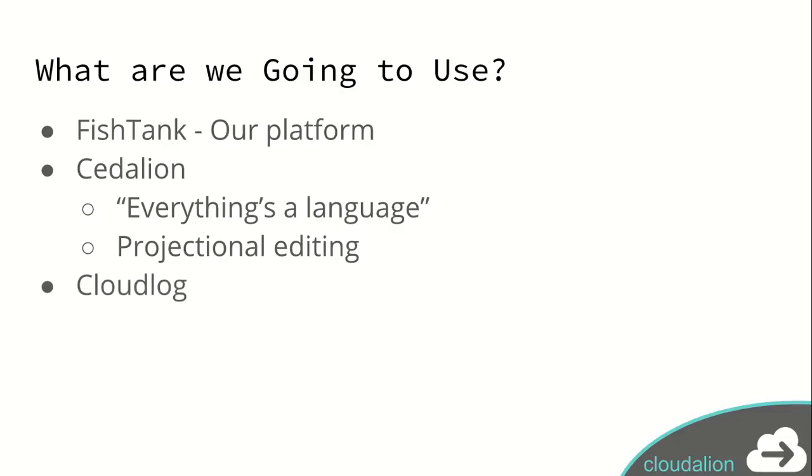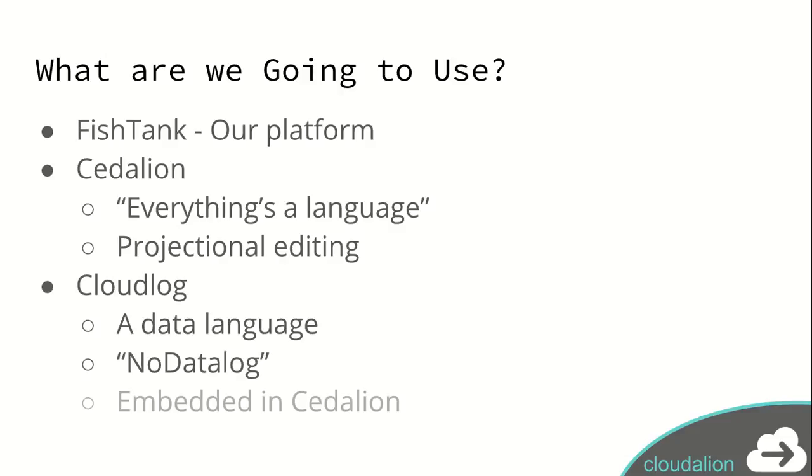We're also going to use a domain-specific language called Cloudlog. That is a data language, kind of inspired by Datalog, but Cloudlog is what we call a no data log language. It's designed for the NoSQL era, and it is embedded inside Cedalion.